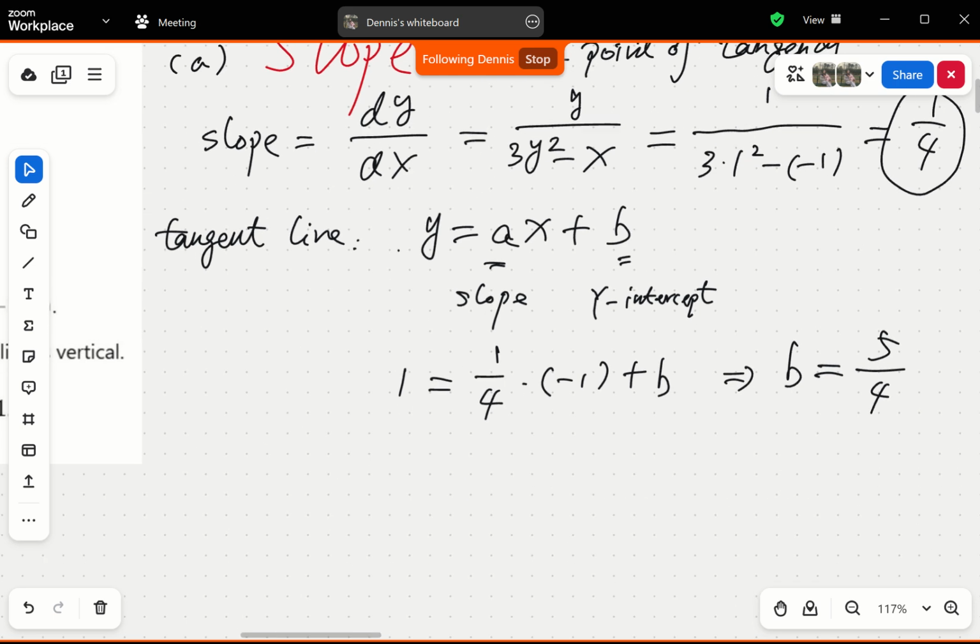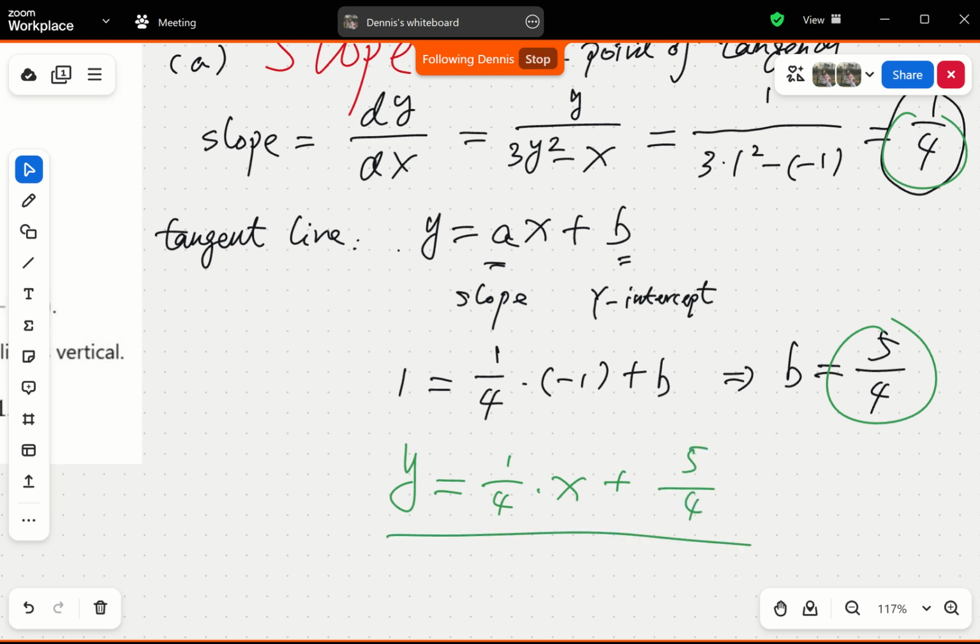Good. And therefore, the final answer for the equation of the tangent line can be expressed as y = (1/4)x + 5/4. That's it.